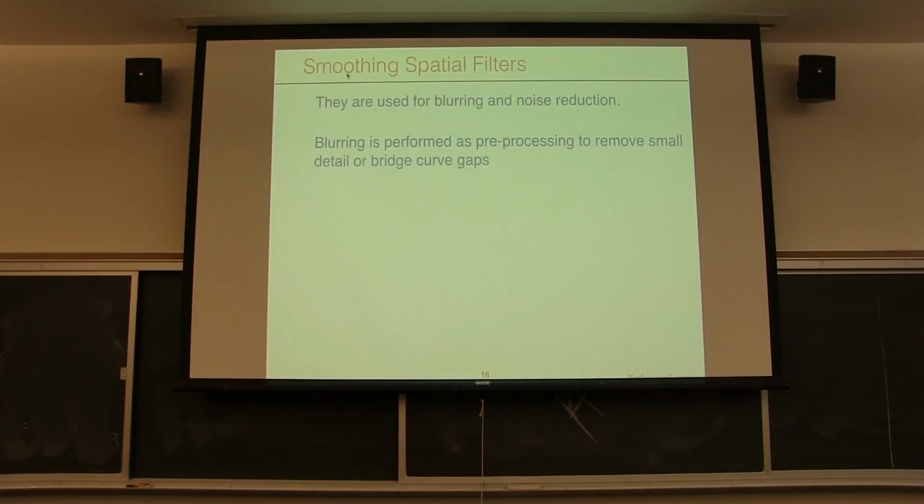Suppose I have some artifact due to shadows, or my detection was not the greatest, and so I might have an unintended gap. And by blurring the edges, I might fill the gap together. So sometimes it's not a bad thing. Sometimes it's actually a good thing to have blurring. And as I said, we can do this with linear and nonlinear filters.